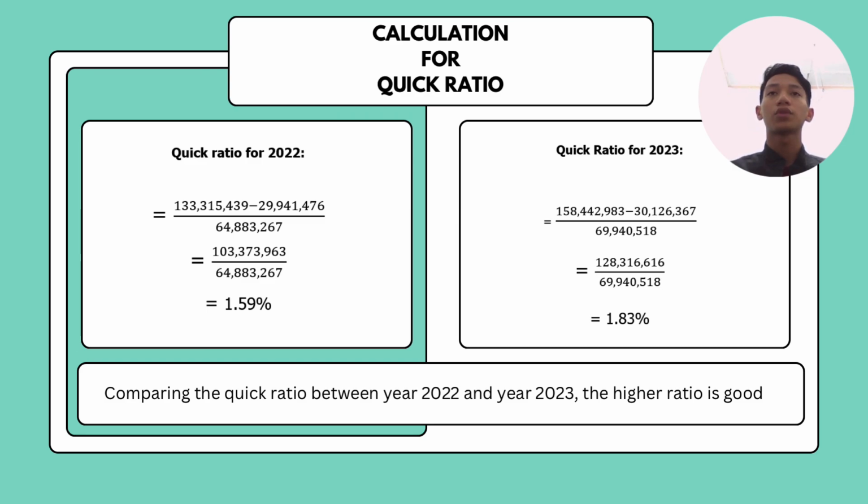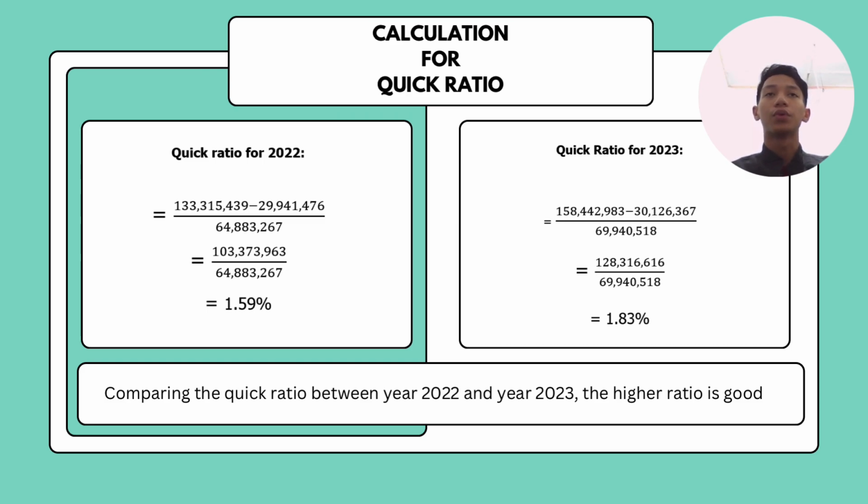For 2022, we got 133,315,439 million, minus 29,941,476 million. After we subtract, we got 103,373,963. We divide it by the current liabilities, 64,883,267 million. For quick ratio for 2022, we got 1.59.